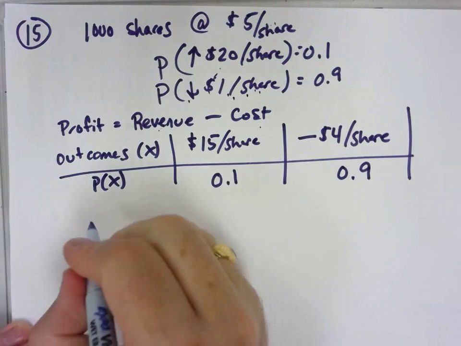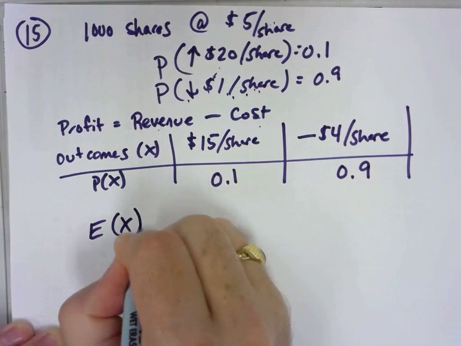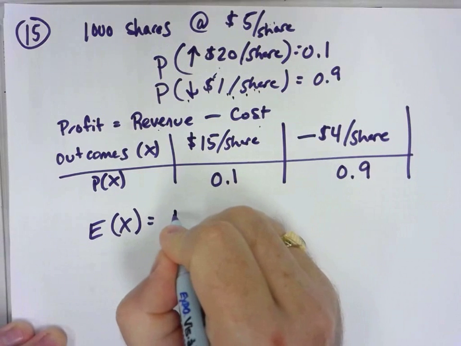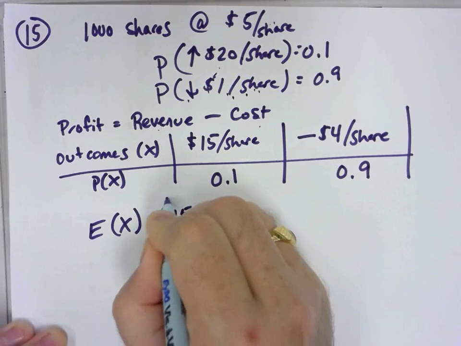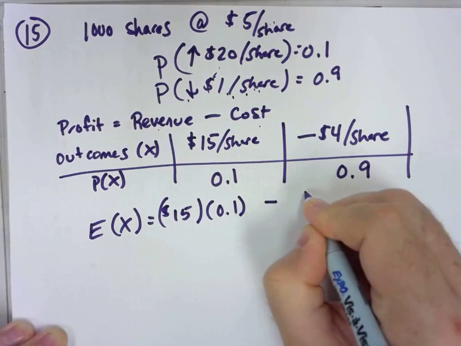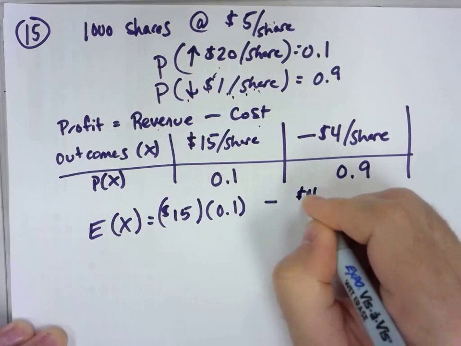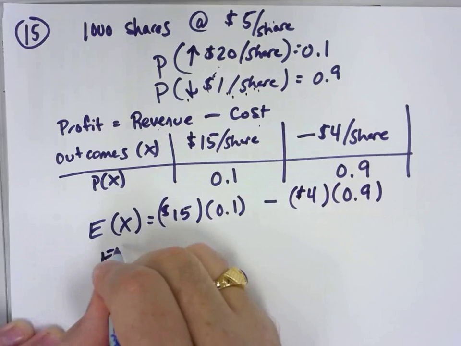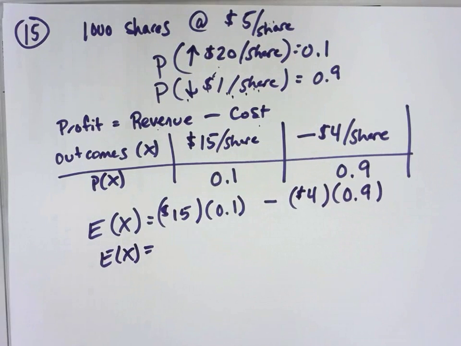Okay? So if you look at her expected outcome as far as her expected profit per share, then you're going to have the $15 times 0.1 minus the $4 times 0.9. And then whatever the result is here determines if she made a wise investment.